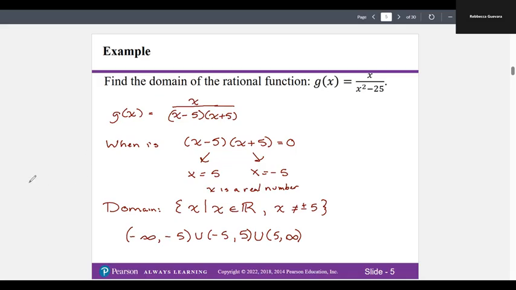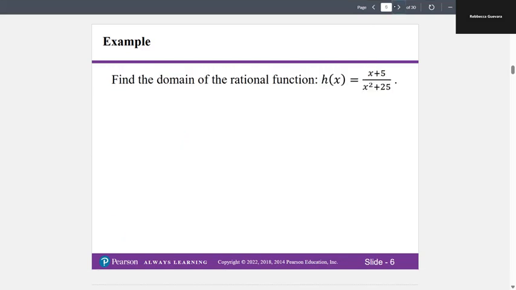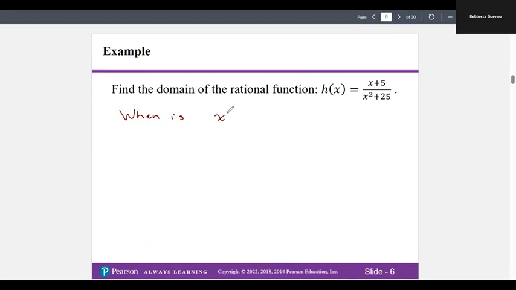All right, one more example, one we didn't see quite as much. What if we have x plus 5 over x squared plus 25? When is x squared plus 25 equal to 0 in the real numbers? We're looking for real solutions.